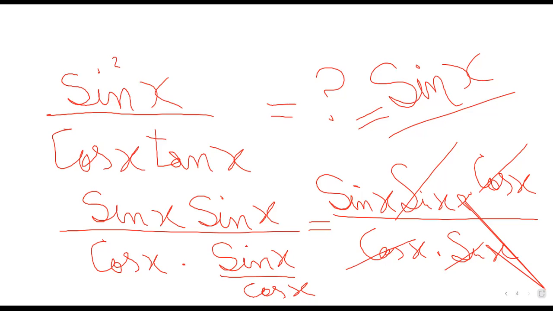What the tangent is, we are just going to write that. You will have to recall that tangent is sine x over cosine x. Are you getting this? That tangent x is sine x over cosine x.